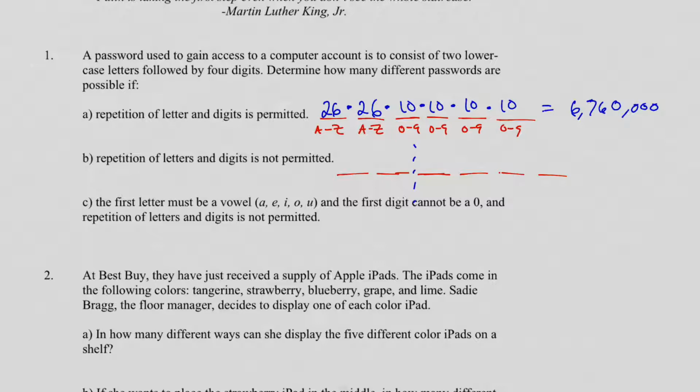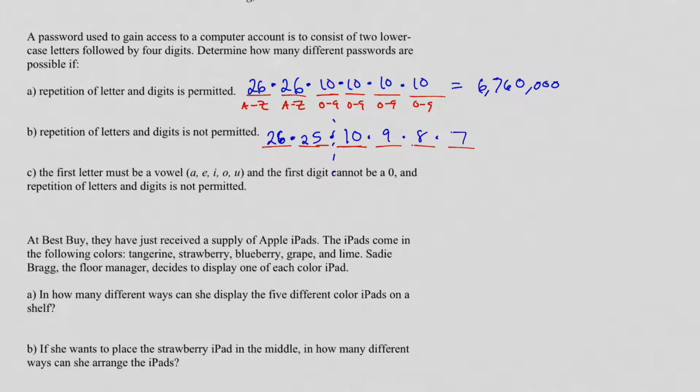The first option, I still have 26 options, but the second option is 26 total here, and then 1 less because you cannot repeat the letter, and then 10 in the first one, 9, 8, 7, just like before.